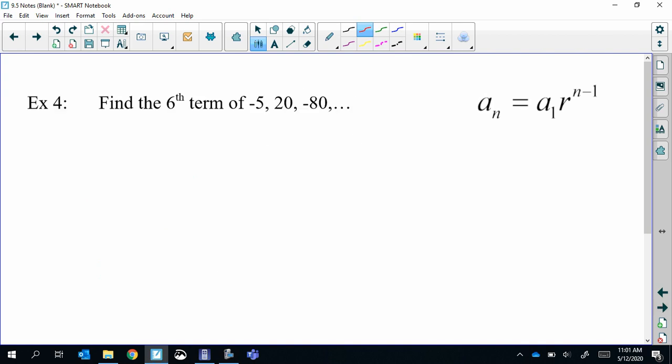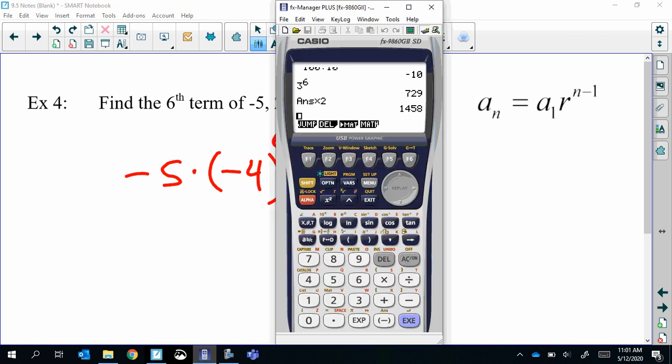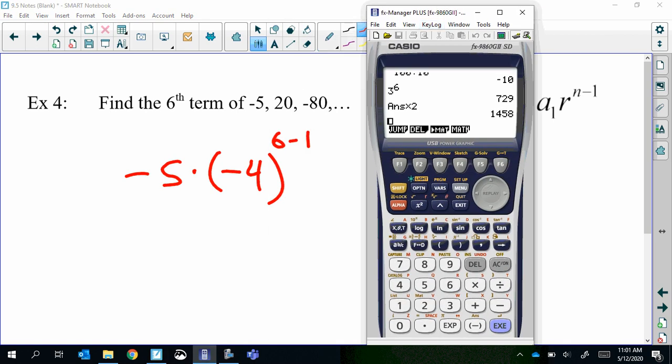All right, find the sixth term. So we need to know the first term is negative 5. Then we need to know r. Notice it's changing. Negative, positive would be the next one. So r is negative, and then just looking at the numbers, it's going to be 4. And then to the n minus 1, so that's going to be 6 minus 1. So that's negative 4.